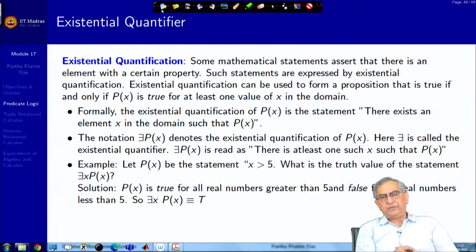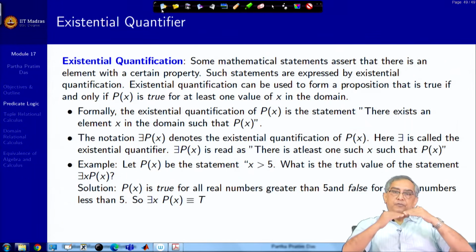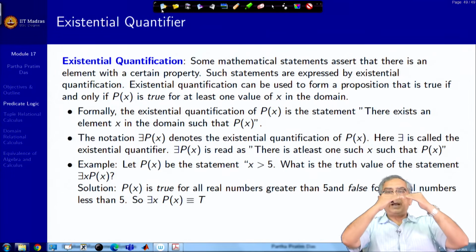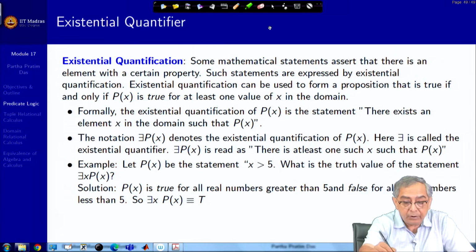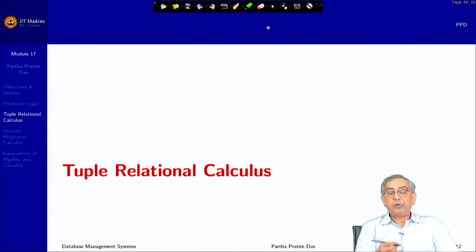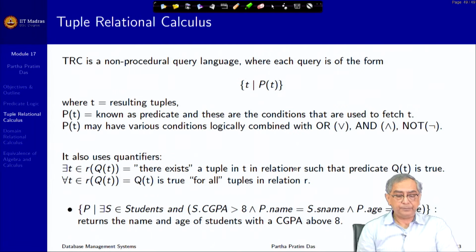So, these are the two kinds of quantifications which we often need to model. There are other kinds of quantifications also, but they are not so popular, or rather, they are expressible in terms of these quantifications and the predicate. So, we move from propositional calculus to defining predicates and quantification, and that model is what the tuple relational calculus is.